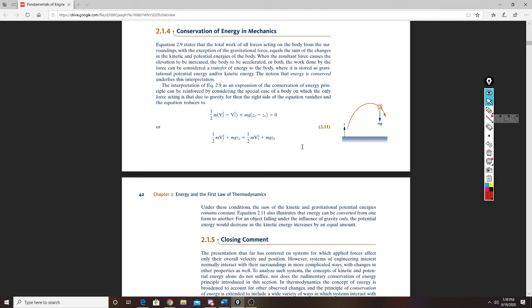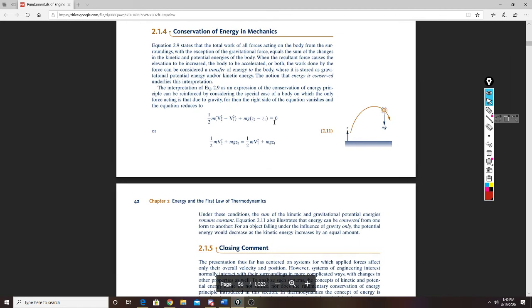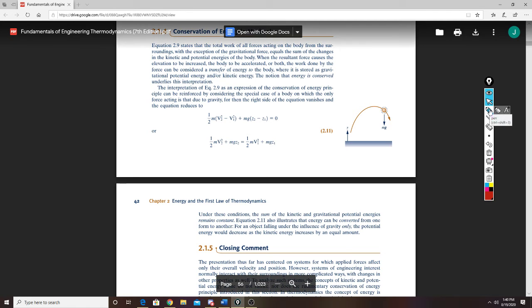Alright. And then we have conservation of energy in mechanics. I don't know if anyone has ever heard of this, but essentially this is the law of conservation of energy. It means that all of the energies have to add up to be zero, right?